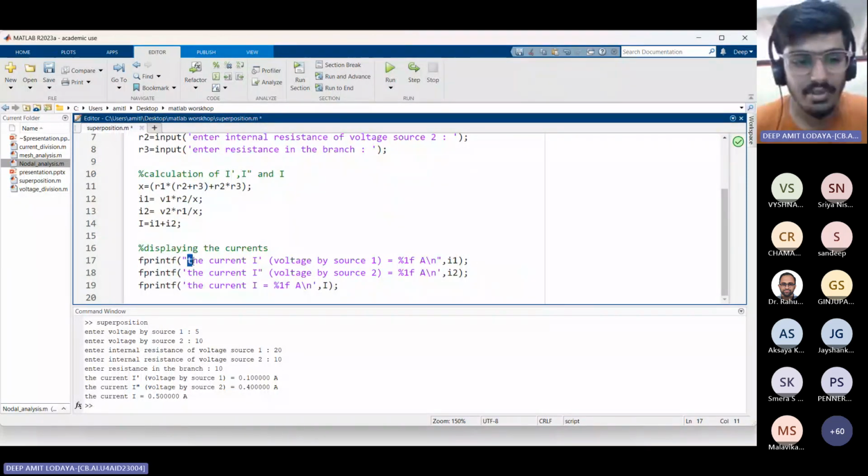So fprintf, the current I1, which is by voltage source one, is nothing but V1 into R2 by X. And current I double dash, which is by voltage source 2, is I2, which is nothing but V2 R1 by X. And lastly, by using superposition, it is nothing but the sum of the two.